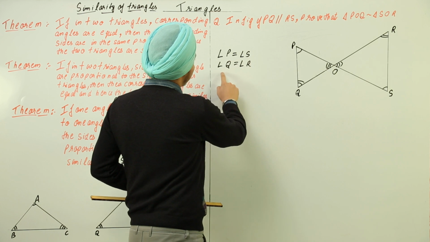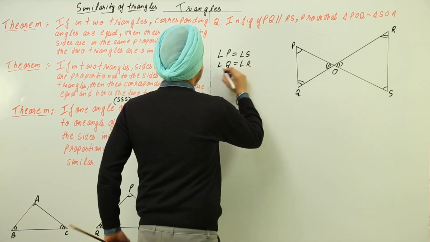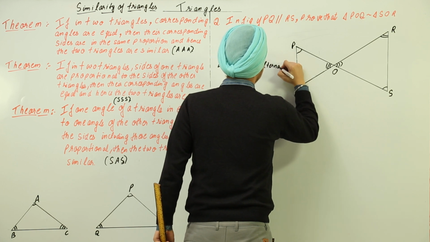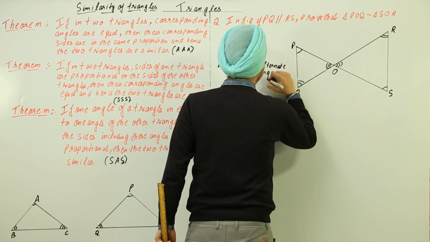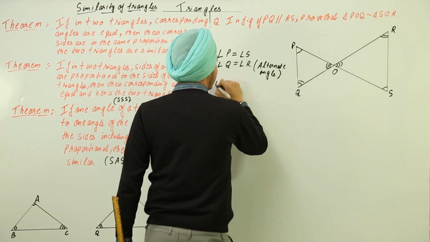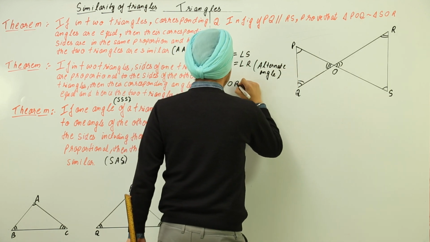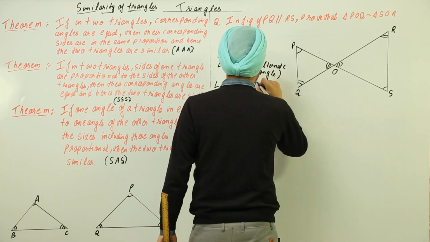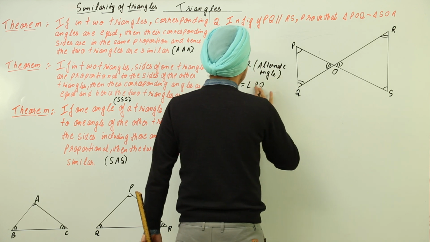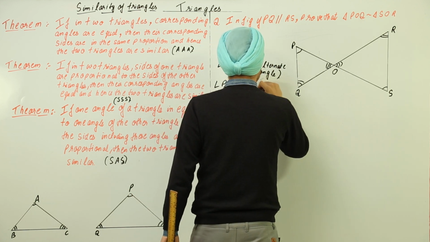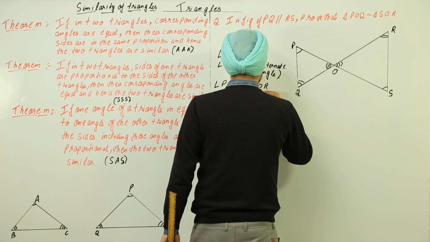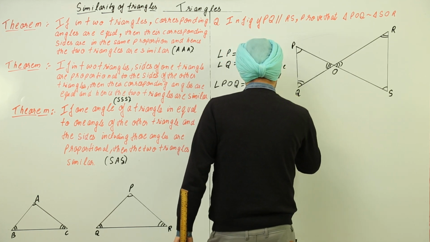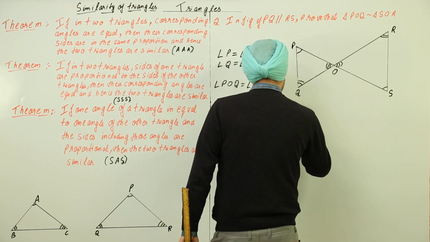So angle P is equal to angle S, angle Q is equal to angle R, and these are both alternate angles, right? Now angle POQ is equal to angle SOR, both of these are vertically opposite angles.